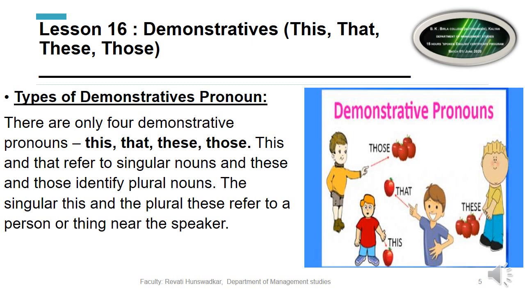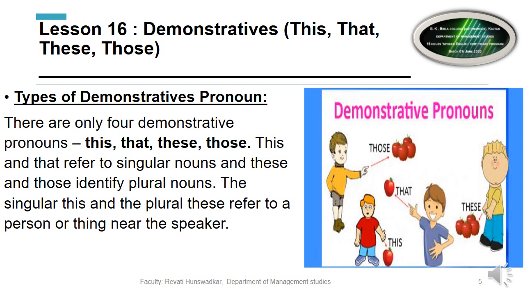This is my apple, that is singular. These are my apples, that is more than one apple, that is plural. Same, those and that refer to far, that is far from the speaker. Those are my apples refers to plural, that is my apple refers to singular. In both cases, the apples are far away from the speaker.